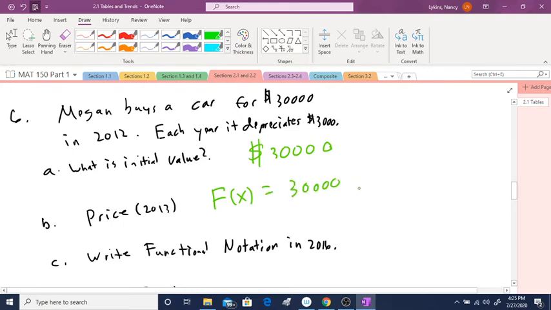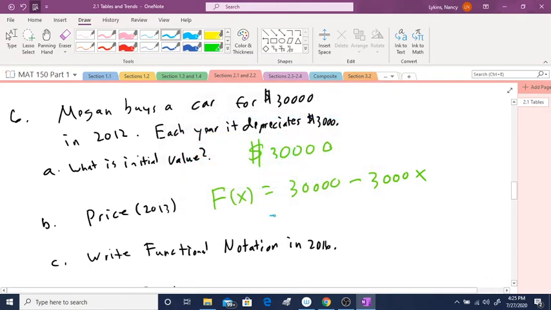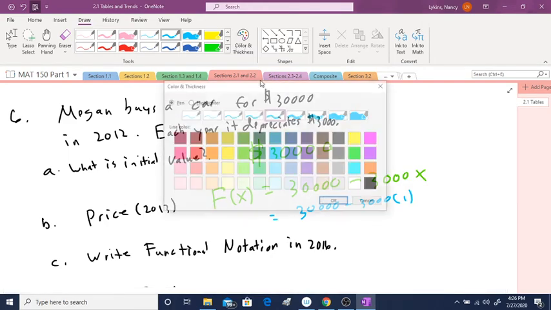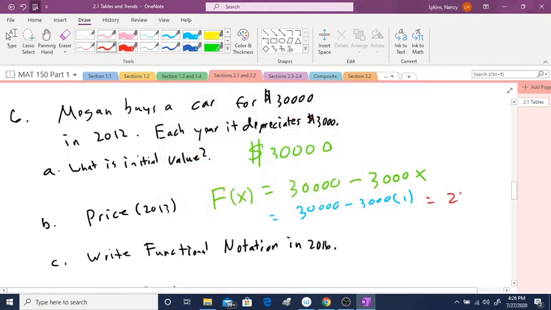That's our initial value. And what depreciate means is we're subtracting $3,000 each year. So in 2013, that means there's 1 year. So 30,000 minus 3,000 gives you, it should be worth, by this, $27,000.